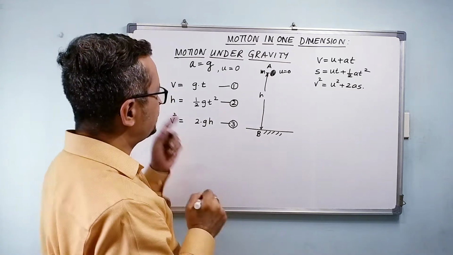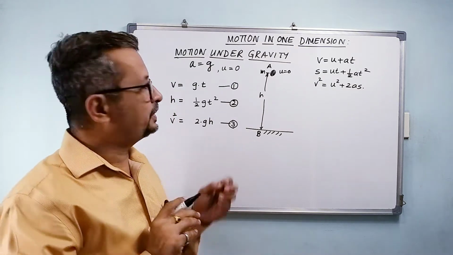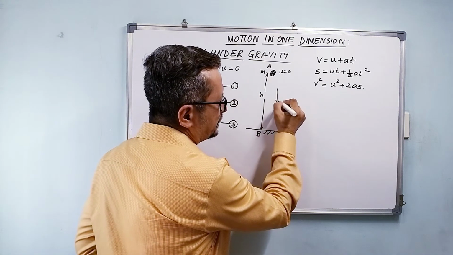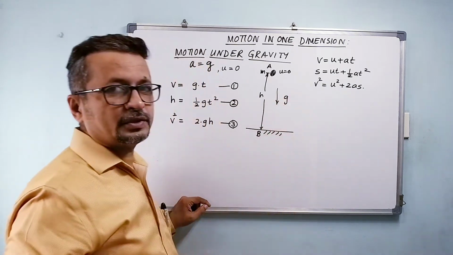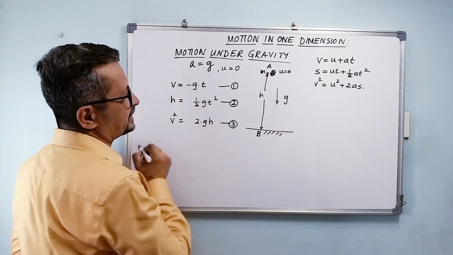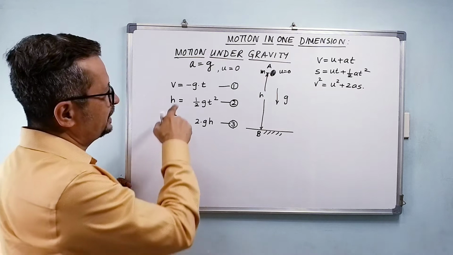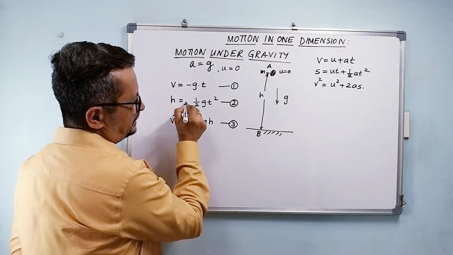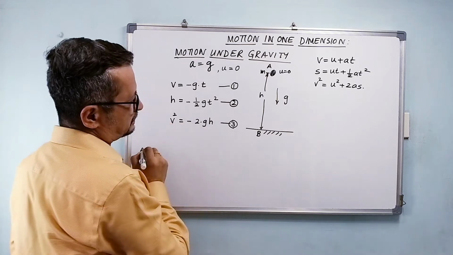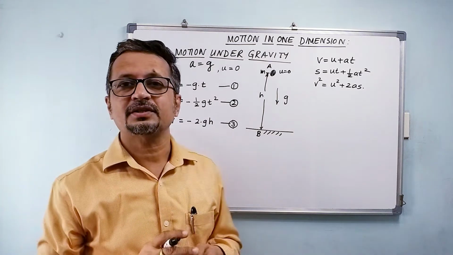Now if you see, that object is falling vertically downwards, so g is acting downwards, so I might introduce a minus sign here, correct? Even here my sign would be minus, and minus here, because my g is downwards.